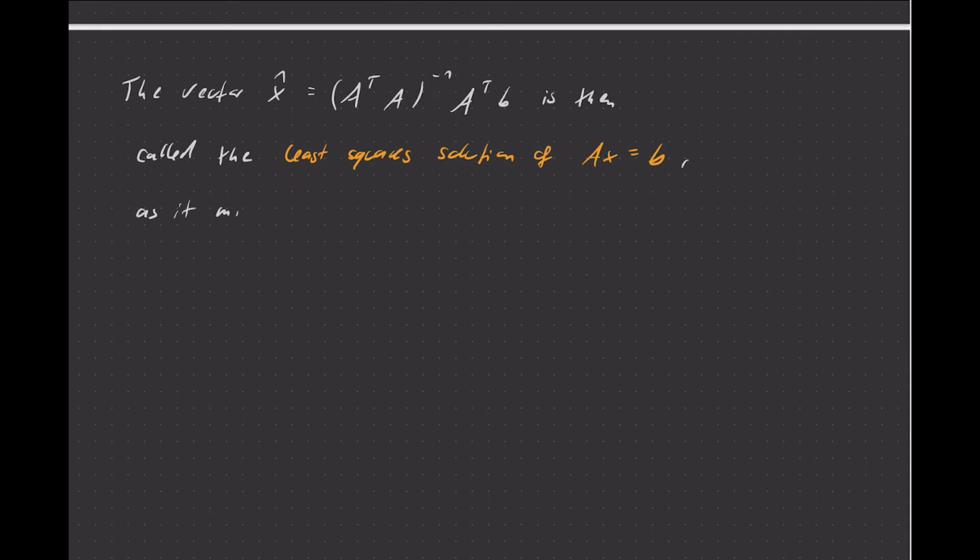And the reason for that name is it minimizes the expression norm of B minus B hat. And of course, if it minimizes the norm, then it also minimizes the square of that norm. And we often write the square to avoid the square roots when evaluating that norm.